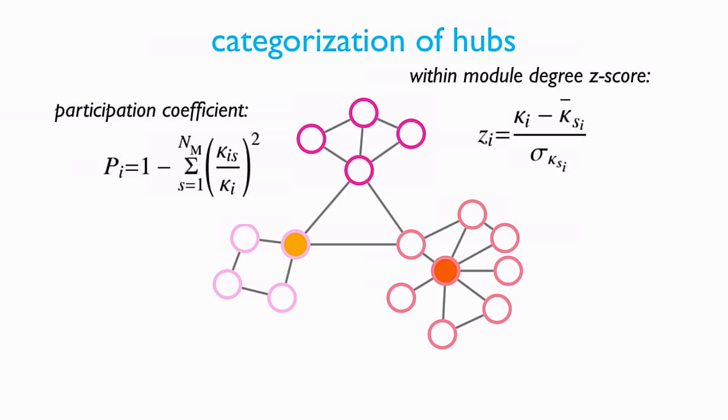The other metric proposed is the within module degree z-score, which tells, given a node, how well it is connected within its own module. In particular, it contrasts the nodes that a certain node is connected to in its own module, and looks at how many more times this node is connected within its own module as compared to its neighboring nodes.